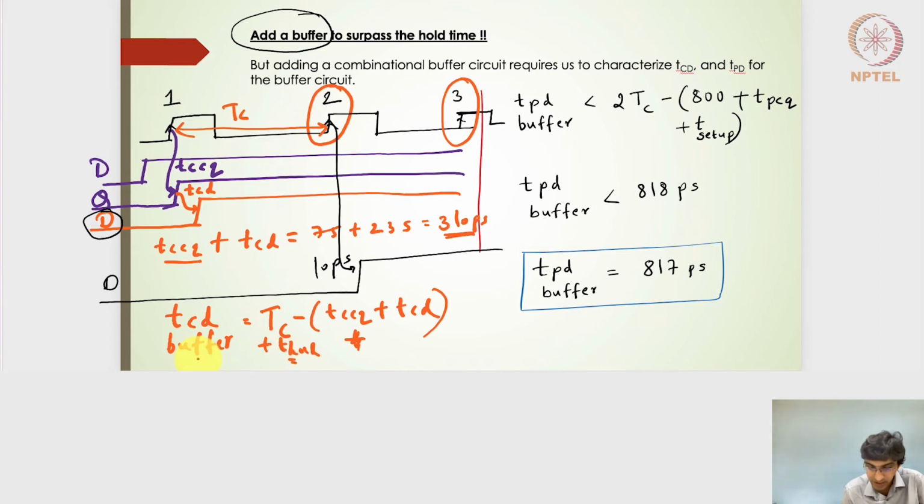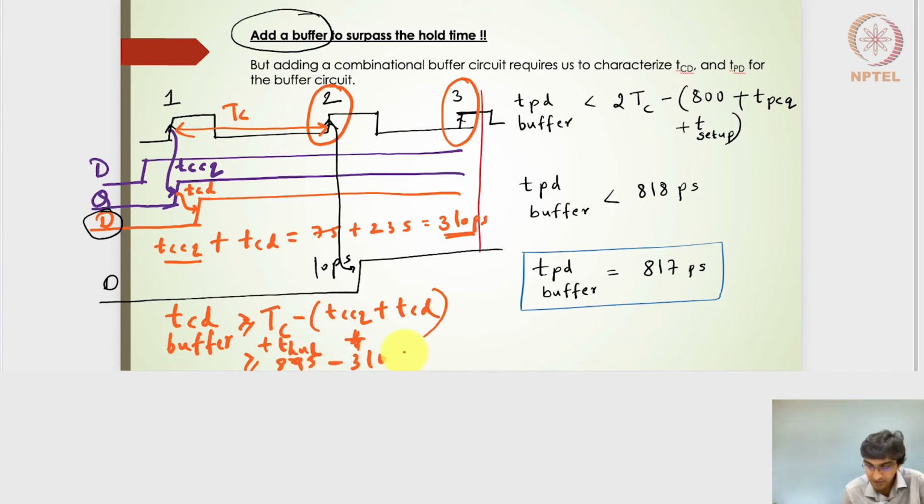It should be greater than or equal to that: TC, which is 885, plus 10 picoseconds, so 895 picoseconds minus this 310 picoseconds.